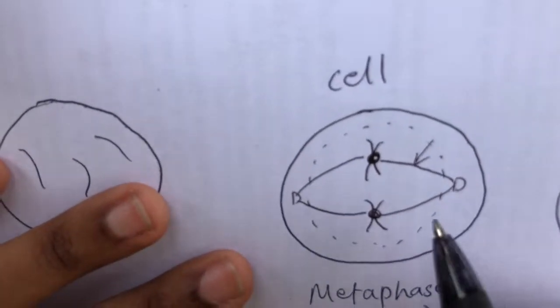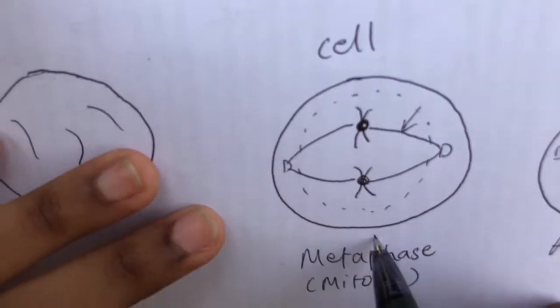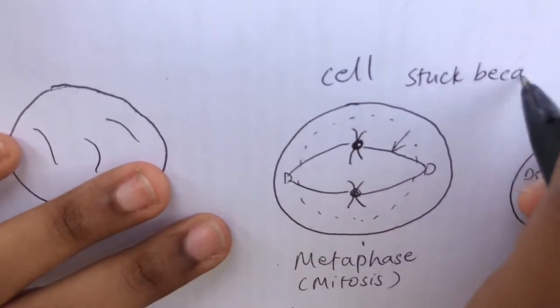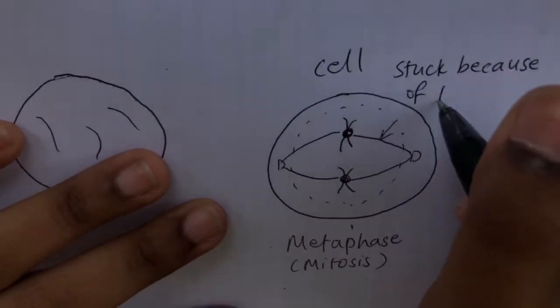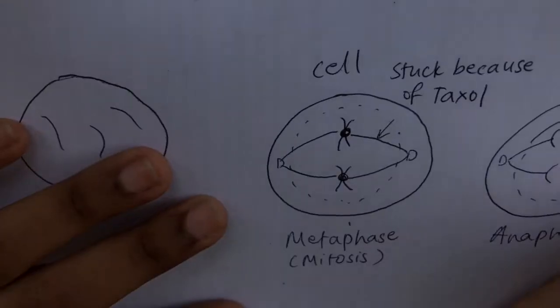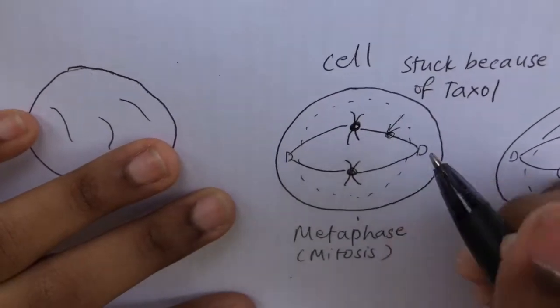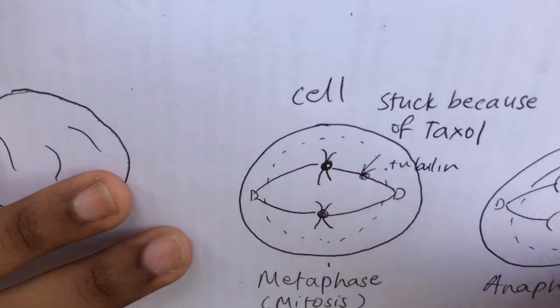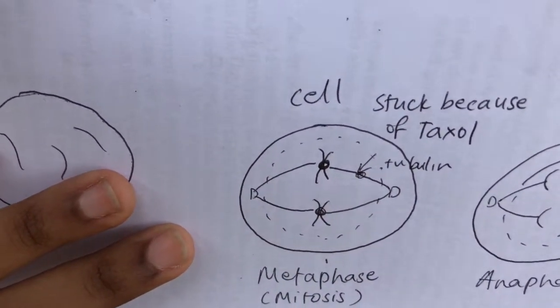And prevent this from breaking. So it's stuck because of Taxol. And this thing is made of tubulin, which is what Taxol binds to.